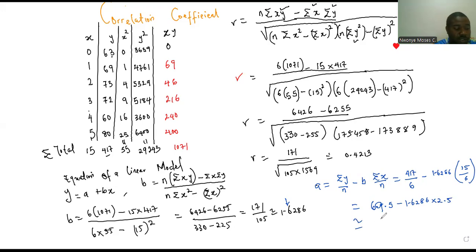So this should be approximately 65.43. So your regression line will be y = 65.43 plus 1.63x, if you approximate this also. So that's that about that.